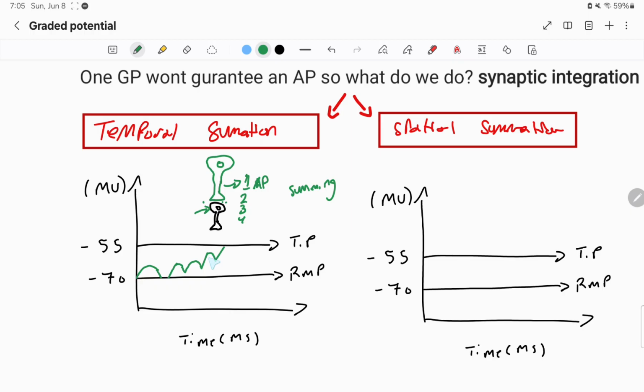So one more time: temporal summation is when one presynaptic neuron is continuously firing action potentials on a single postsynaptic neuron to try and get to threshold. In reality, this could happen, but it's very uncommon.